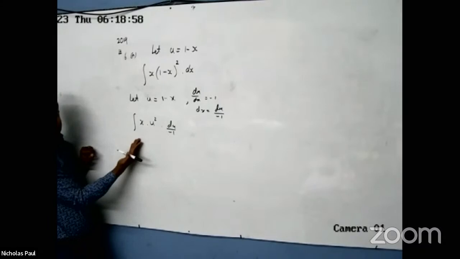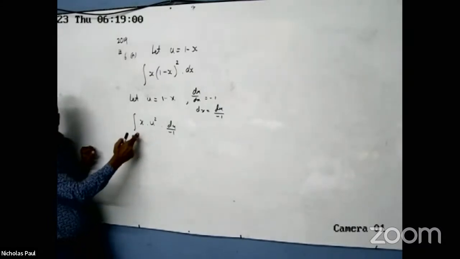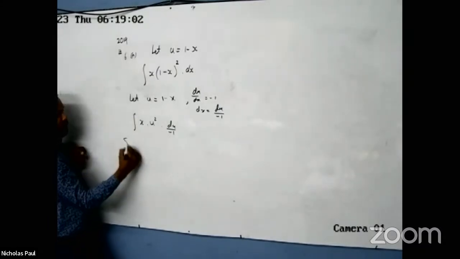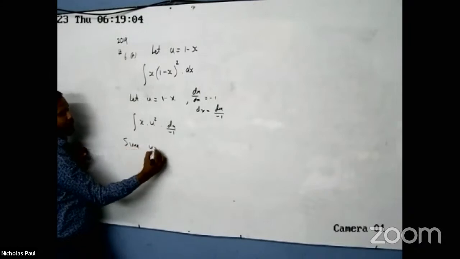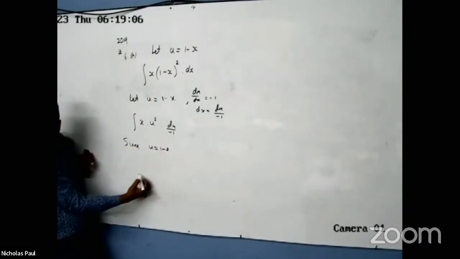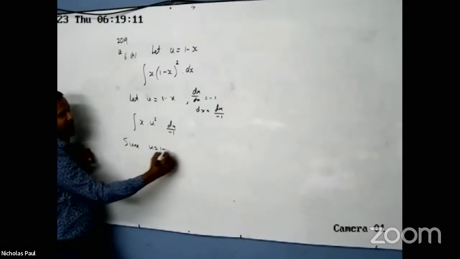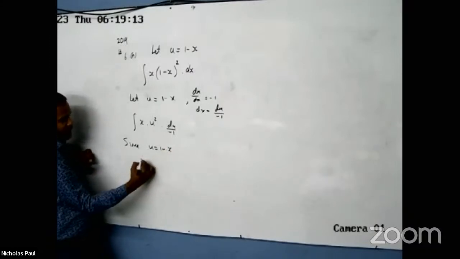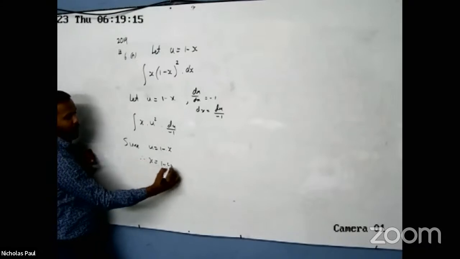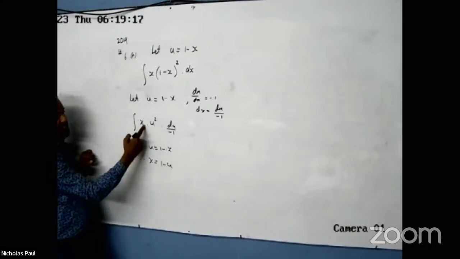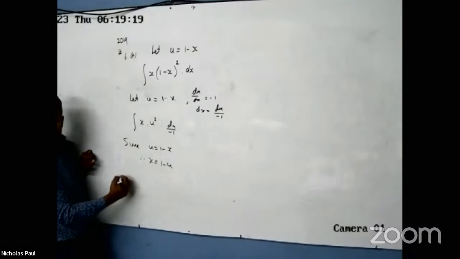We have a problem here. We have x still, right? So we need to get rid of the x. So since u is equal to 1 minus x, x is equal to 1 minus u. So I can take this x off and put 1 minus u. Right?